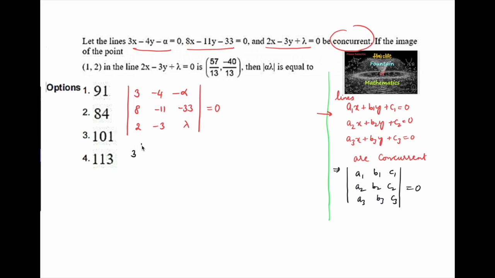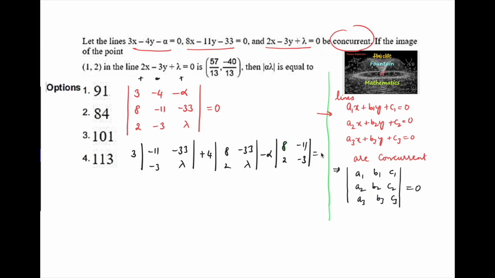So here we can write 3 times the determinant of minus 11, minus 33, minus 3 and lambda, and again, the signs are plus, minus and plus, so negative of negative will become plus here, so plus 4 times, leaving this column and the row, we get the determinant of 8, minus 33, 2 and lambda, and again plus minus alpha times, leaving this column and the row, the determinant of 8, minus 11, 2 and negative 3, which is equal to 0.